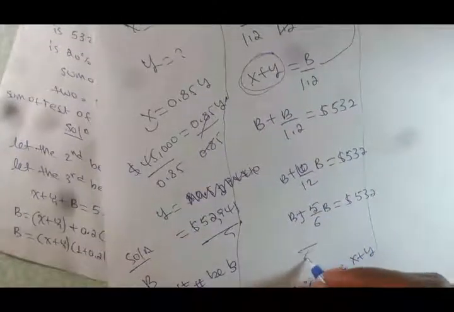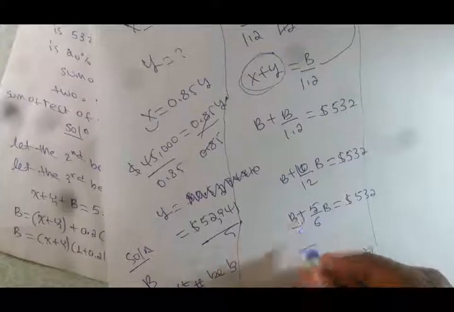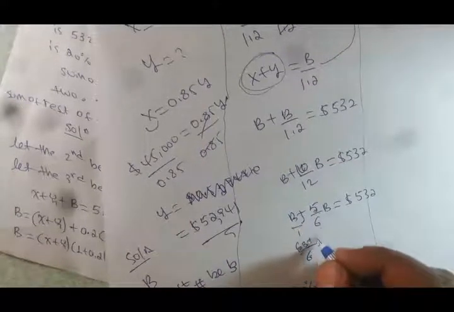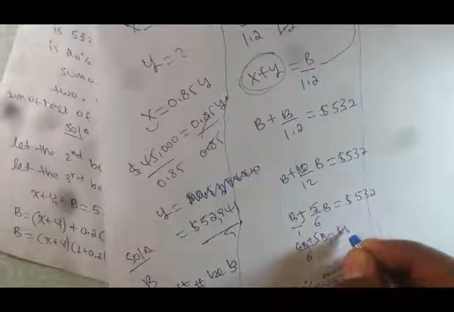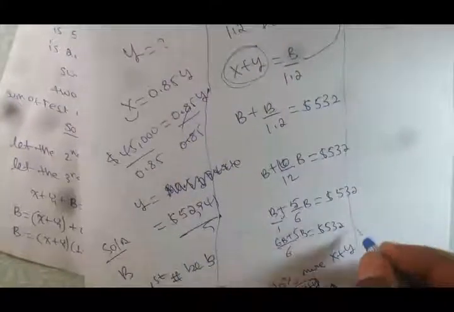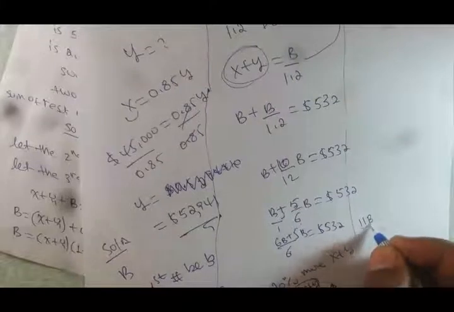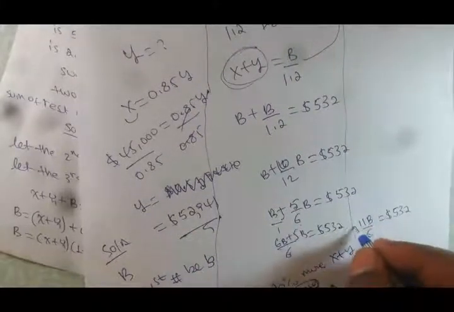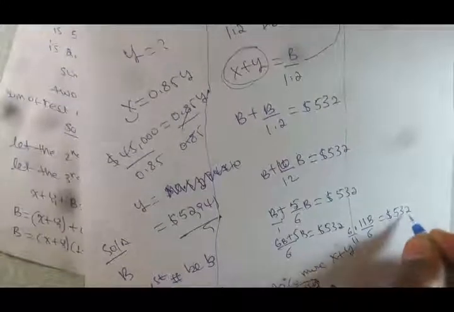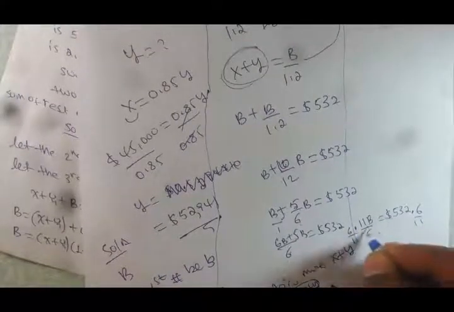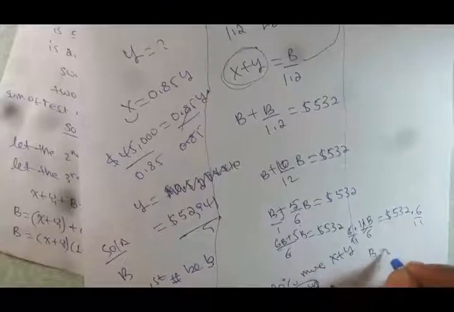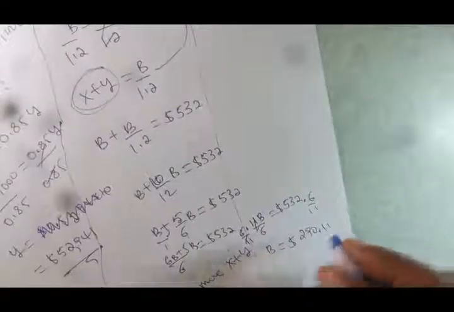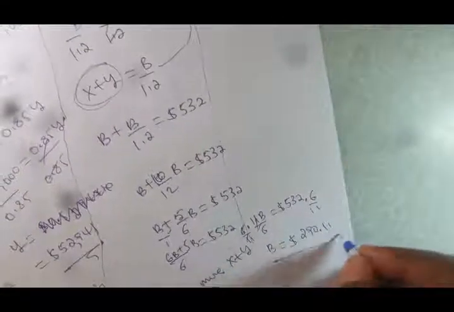When we take 6 as 6 divided by 1, 6b plus 5b, 11b over 6 is equal to $532. When we multiply by the reciprocal, the value of b becomes 219.11.